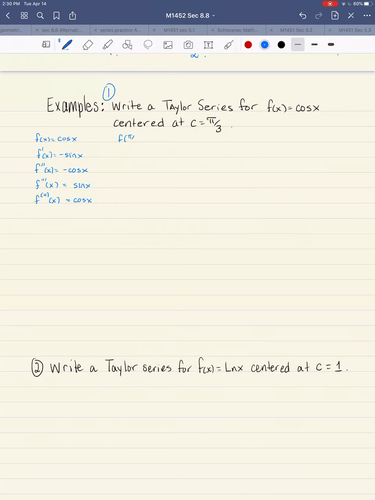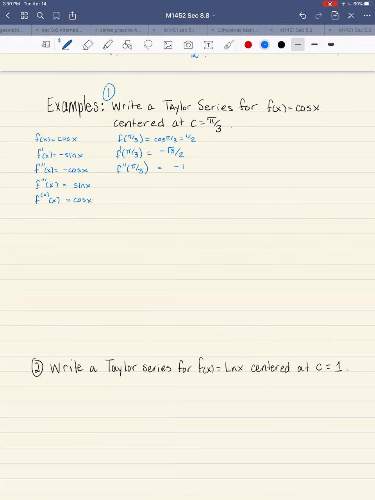We want the center at c is pi over 3, so I have to evaluate each of these at pi over 3. Cosine of pi over 3 is a half. The sine of pi over 3 is square root of 3 over 2, so I've got a negative sign here, so negative square root of 3 over 2. Then we're here at negative cosine.